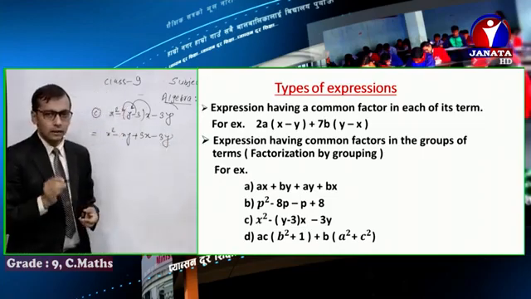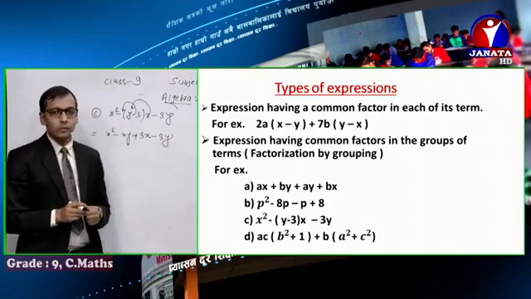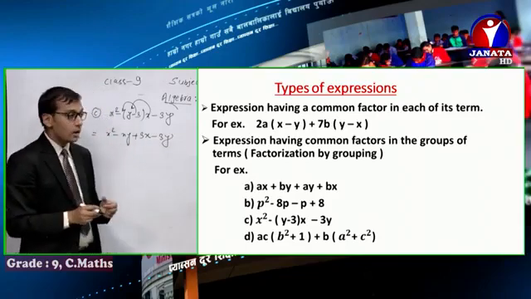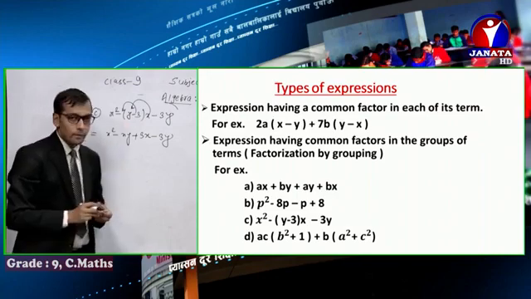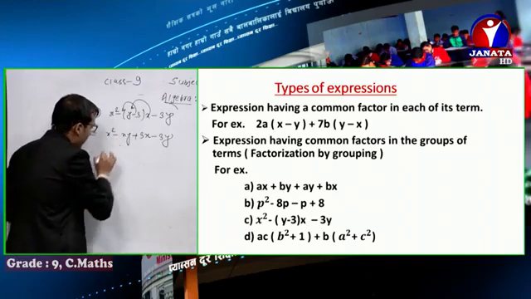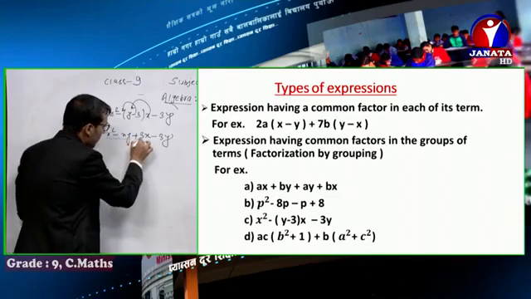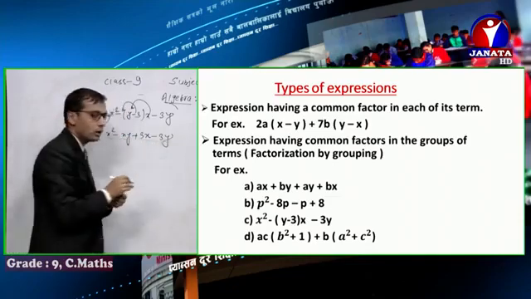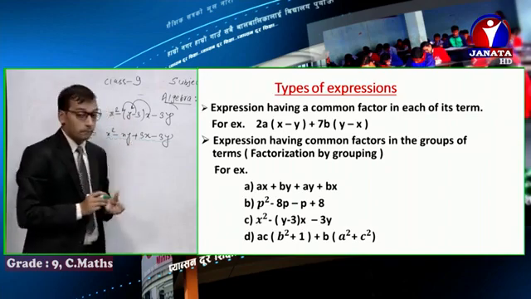Again, this expression contains 4 different terms. This is a polynomial with 4 different terms. Now, can we factorize this simply by taking common from the first 2 terms and next 2 terms or not? For this, we need to try this.